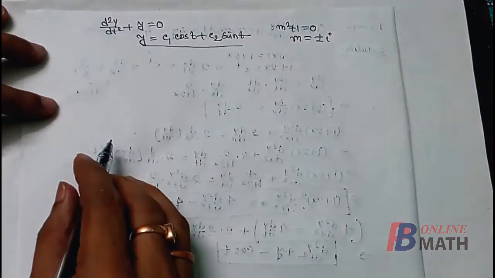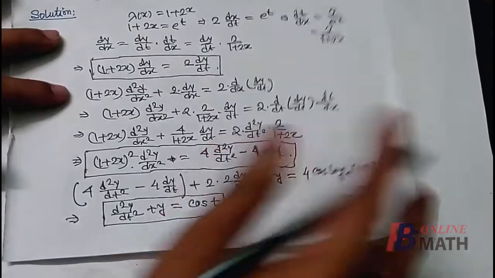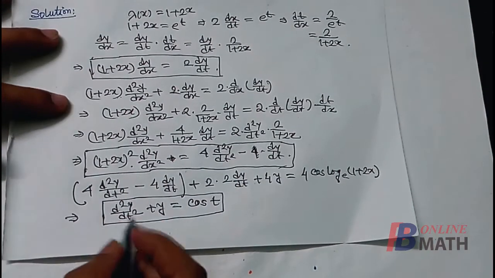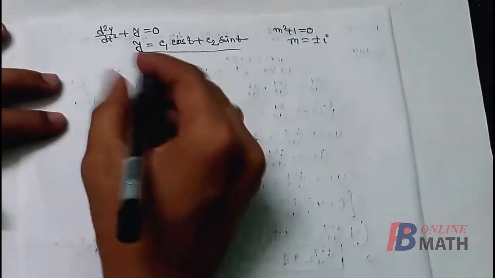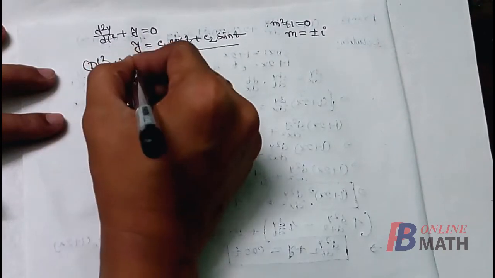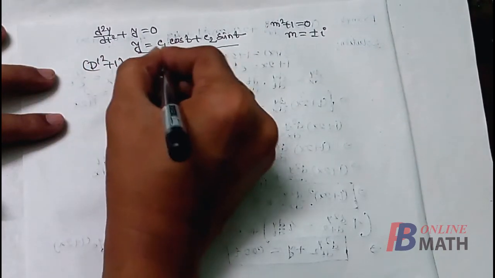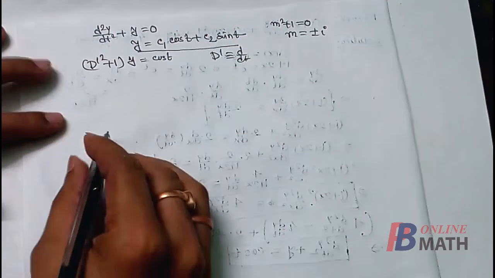Next we have to find the particular integral, PI. Okay, so this is our equation. Actually we can write it as (D'² + 1) y equal to cos t, where D' is nothing but d/dt.